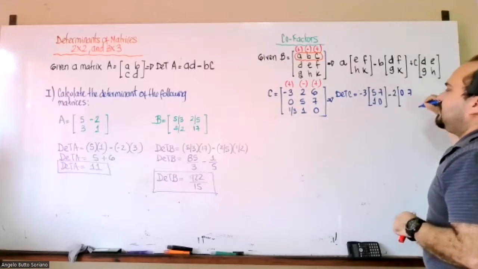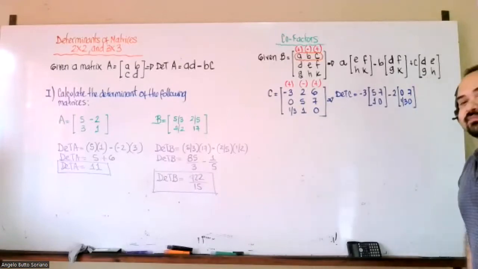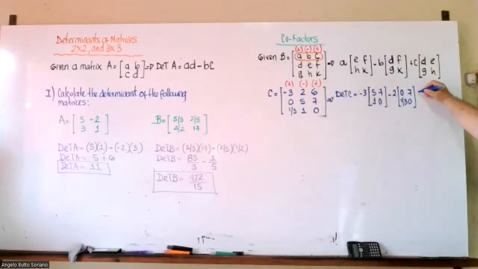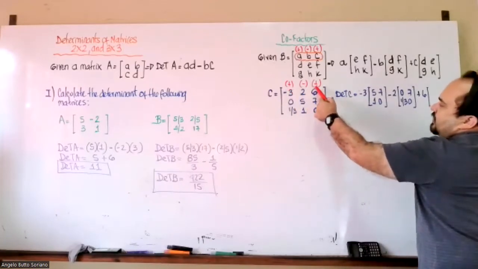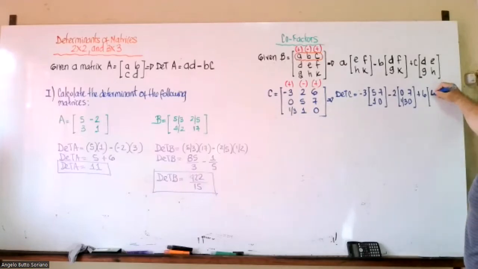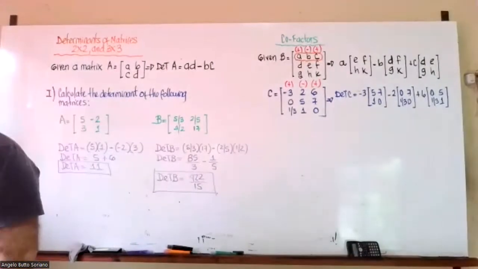And finally, the number 6, positive times positive will be positive 6. The row and the column where 6 is located will disappear, and the remaining numbers will be 0, 5, 1/3, and 1.